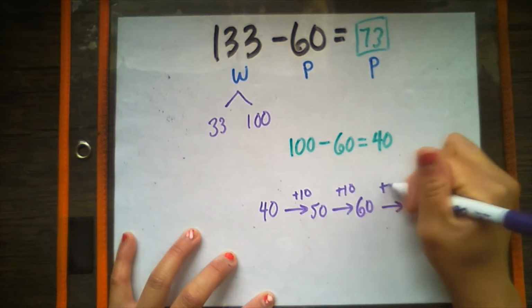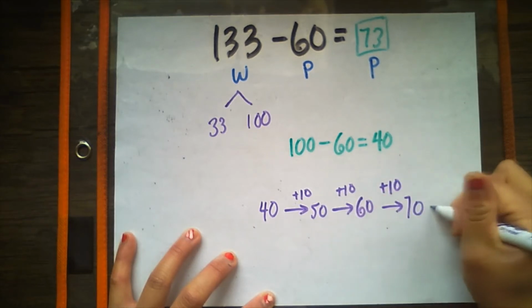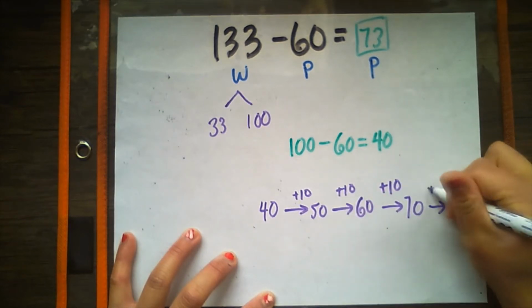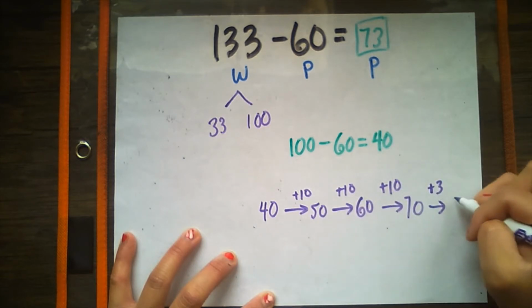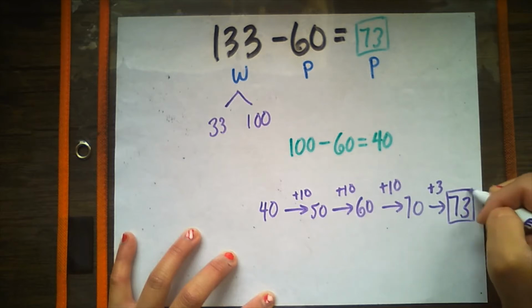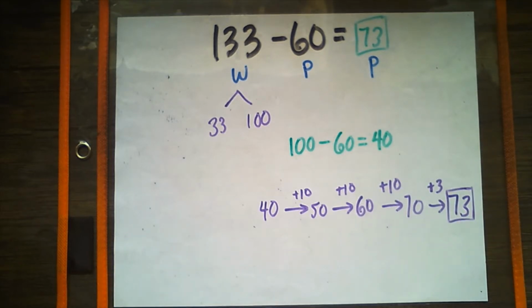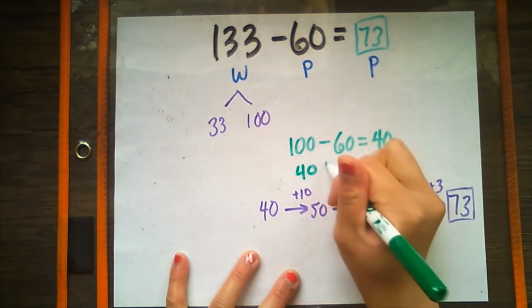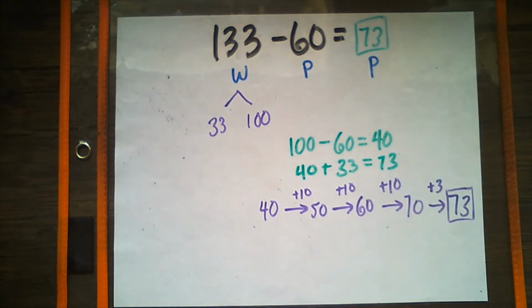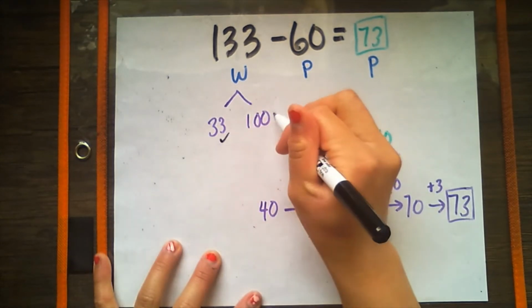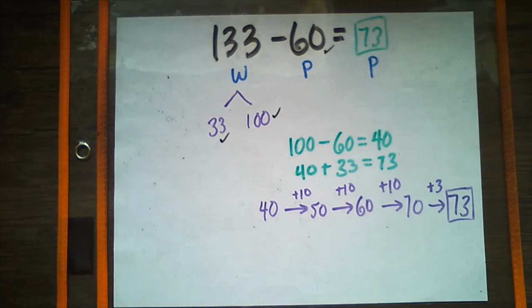We can add another 10. That gives us 70. And then another 3. So 10, 20, 30, 33. That gives us 73, or it lands us at 73. That's another way that you can go ahead and show 40 plus 33 equals 73. And if it helps you, my friends, you may also go ahead and check mark so you don't forget the numbers.